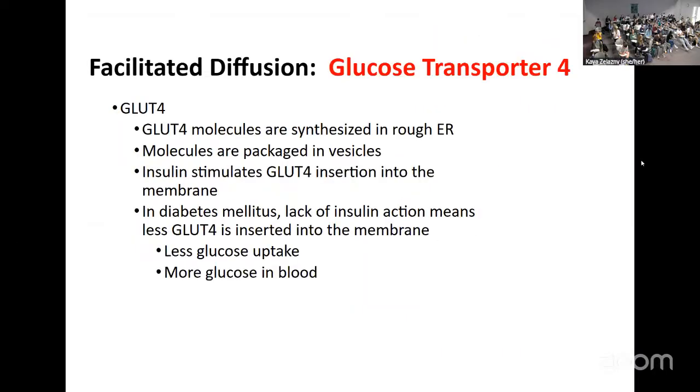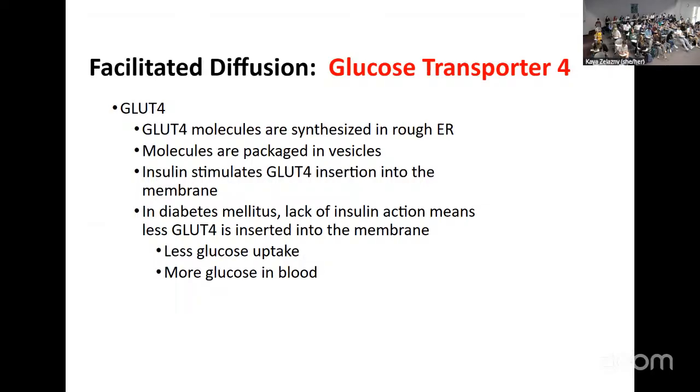So an example of this really exists in your body. One way that we move glucose across cell membranes is through a transporter carrier protein called glucose transporter 4, so GLUT4.